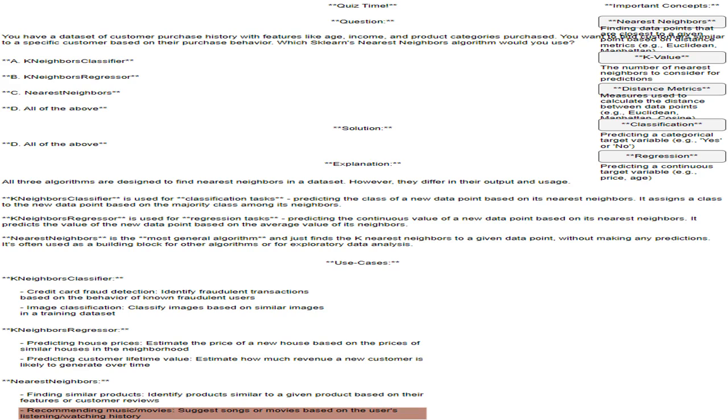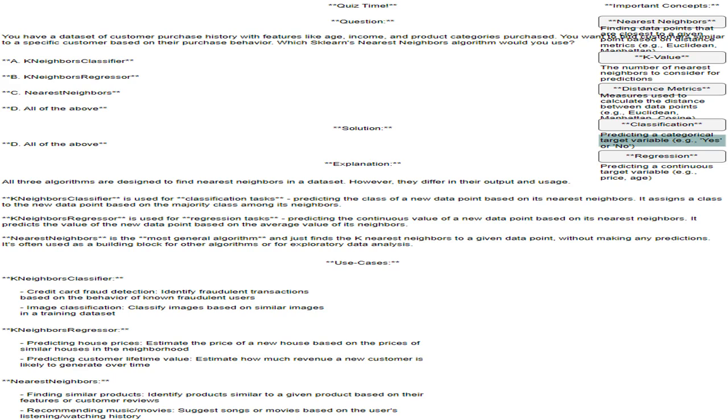Recommending music or movies: suggests songs or movies based on the user's watching history. Measures used to calculate the distance between data points, e.g., Euclidean, Manhattan, cosine.